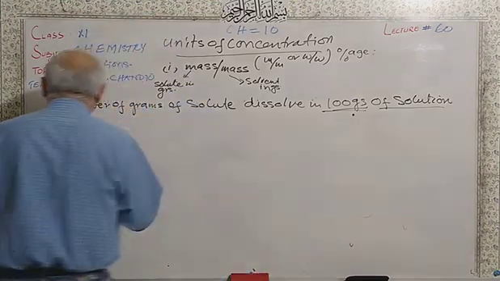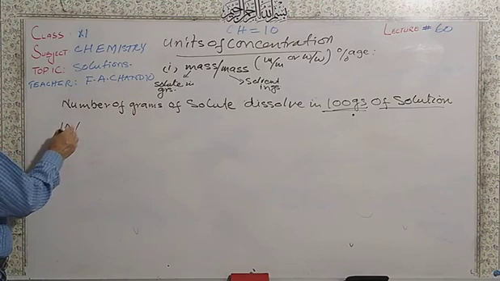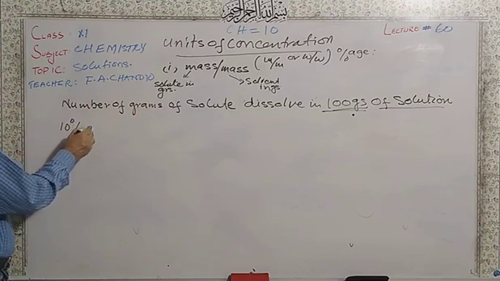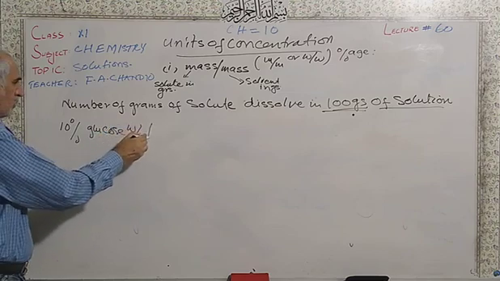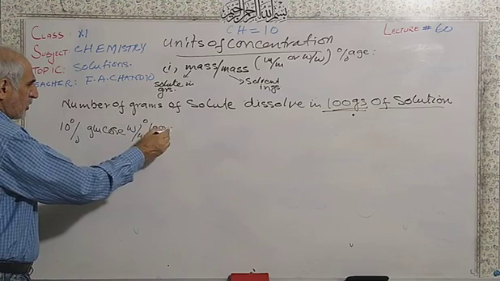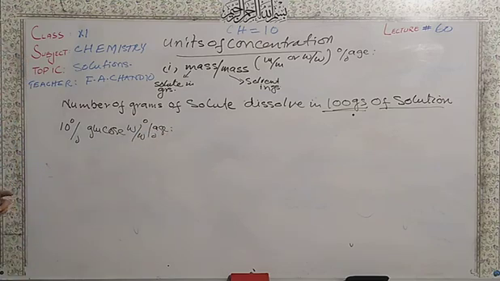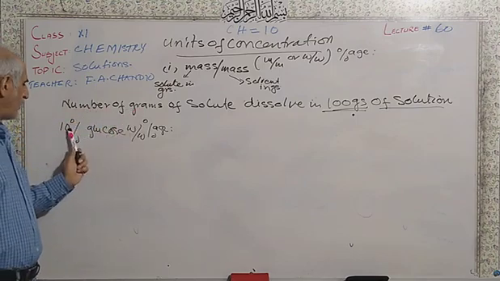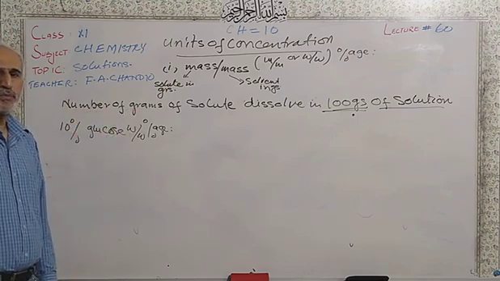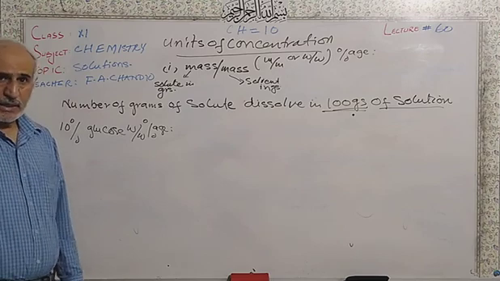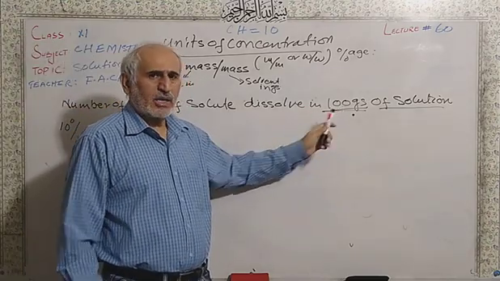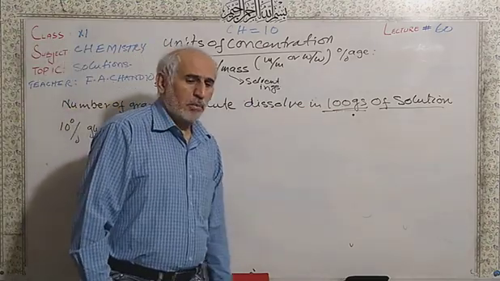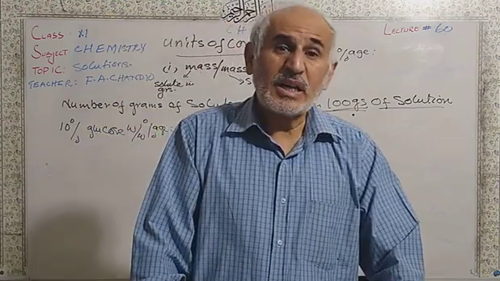Suppose I am going to prepare a 10% solution of glucose, W over W percentage composition. According to this definition, you have to dissolve 10 grams of glucose so that the total mass of the solution will be 100 grams.